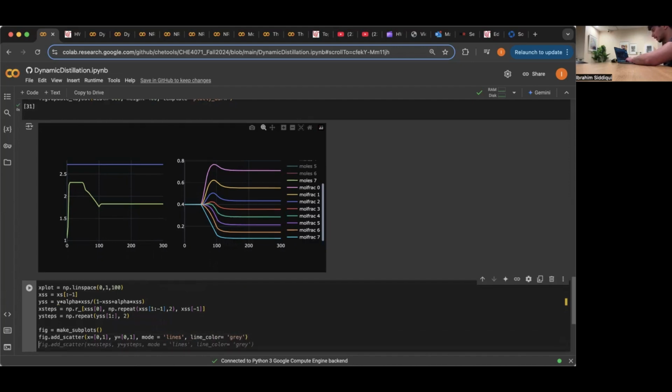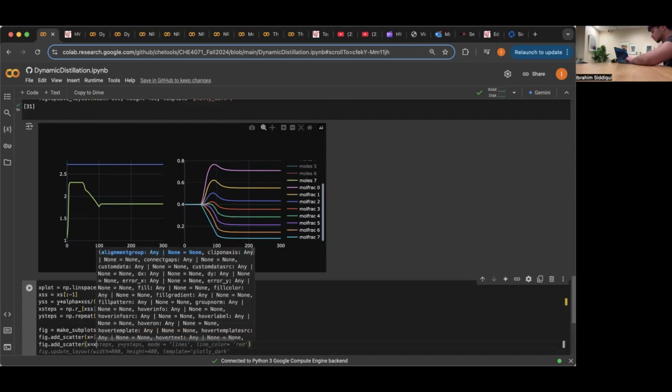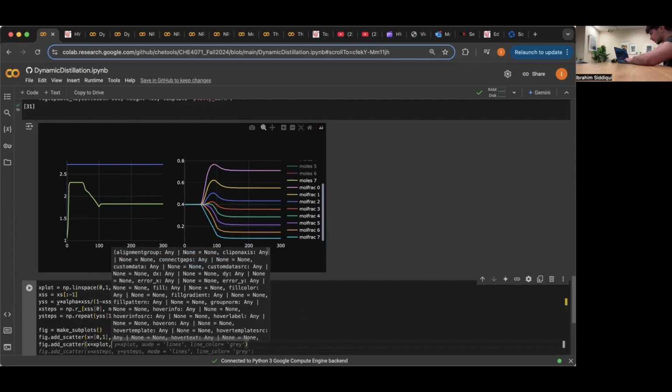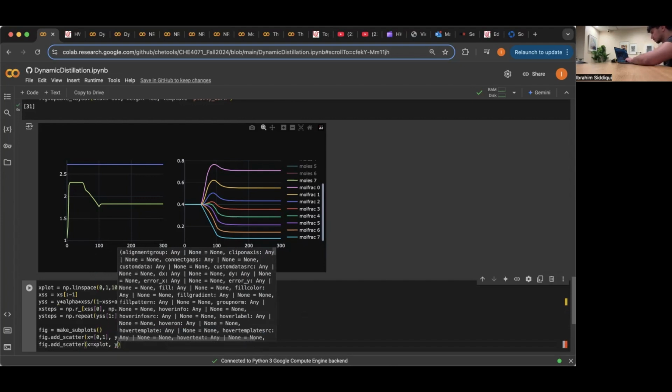Okay, now that we have that, let's go ahead and define our X plots as well as our Y plots that will have to be reconfigured and evaluated in a different way. So fig.add_scatter. X is going to be equal to our X plot, and our Y in this case is going to be a little different.